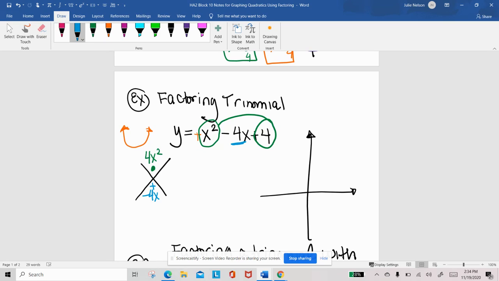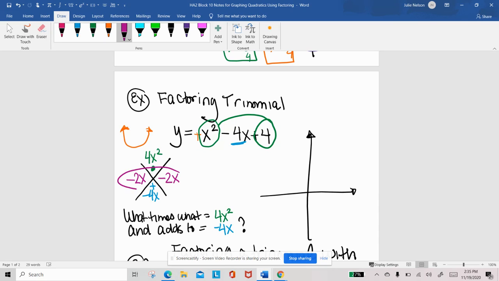And I ask myself, what times what equals 4x squared and adds to negative 4x? So again, what times what makes 4x squared and adds to negative 4x? And that happens to be negative 2x times negative 2x.